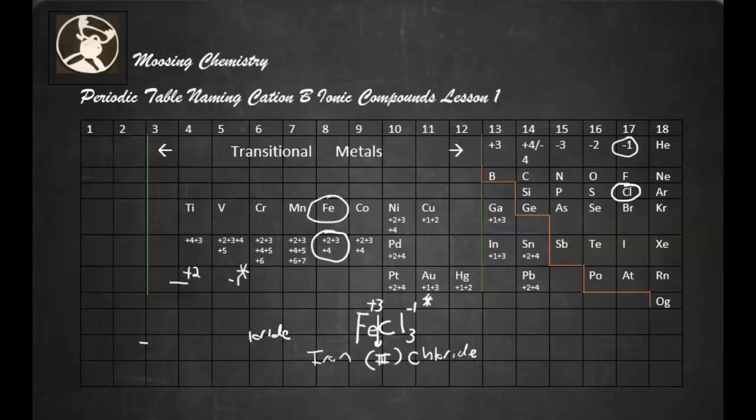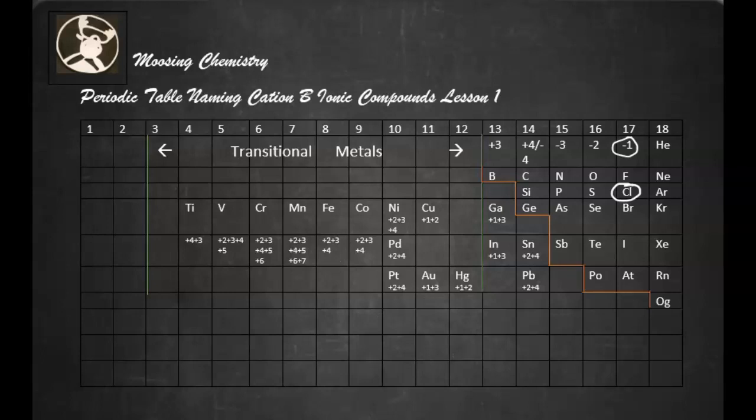So let's try another compound, just to show you that everything is pretty cool here, okay? In this case, we're going to try mercury. Let's get Hg for mercury. And we're going to call this HgS, right? Mercury sulfide.